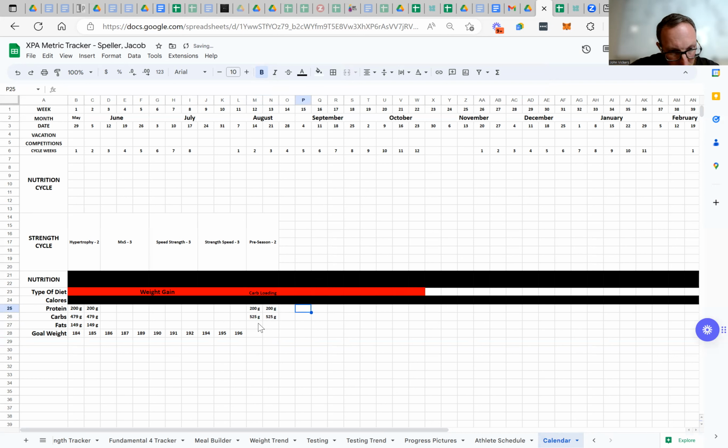Okay, and then the fats are going to drop to 125 grams. So once we carb load, then he's going to be ready for in season. In season, depending on the athlete, can go up to the end of November.